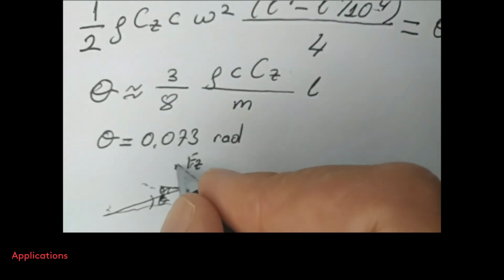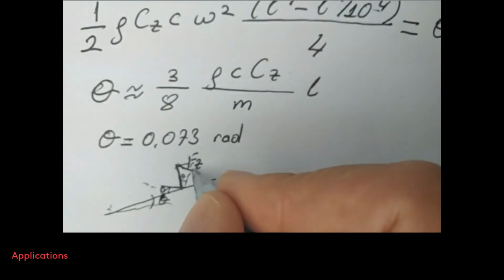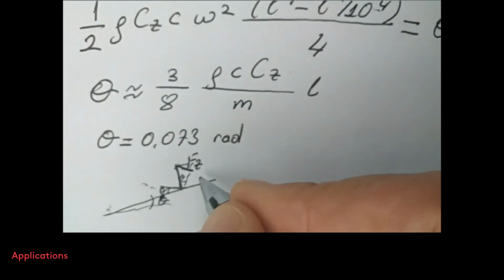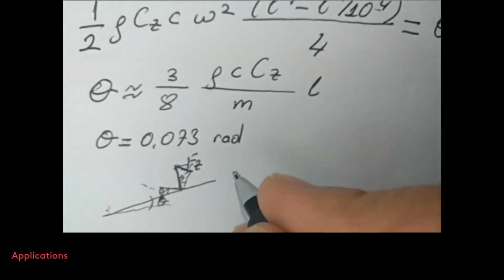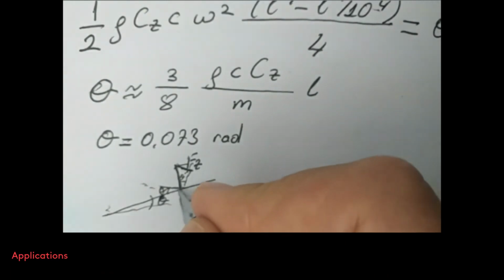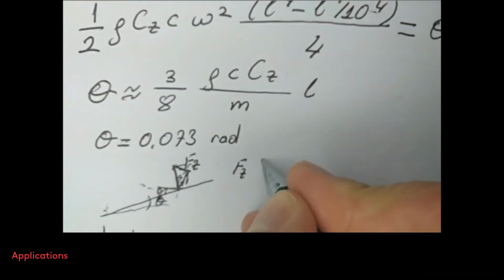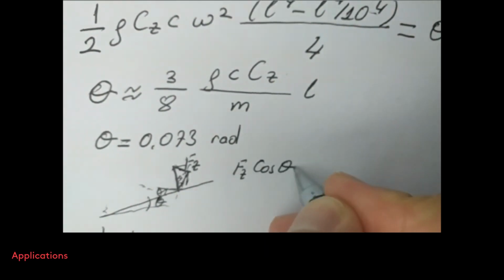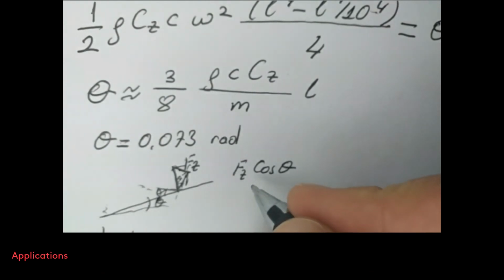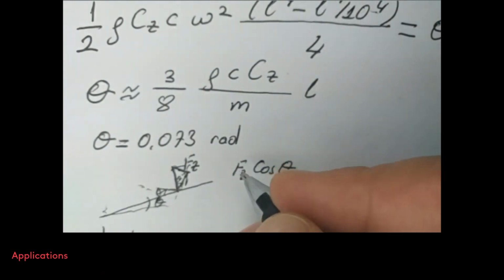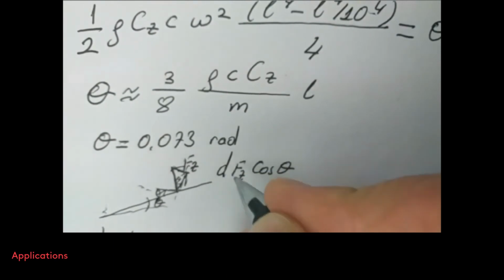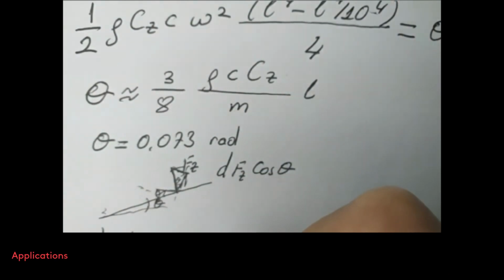Therefore, we have the cosine theta, which is balanced by the weight of the blade. So dFz cosine theta, if we apply the force to the unit length.